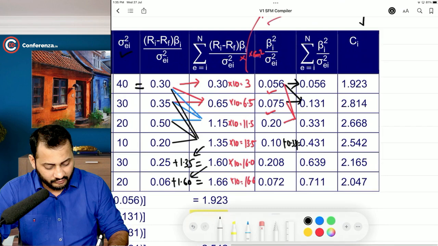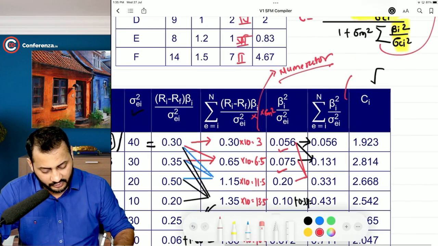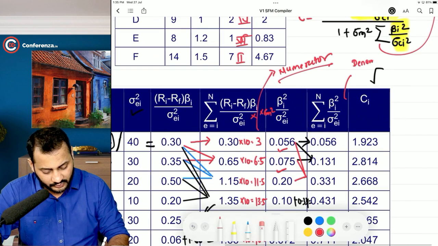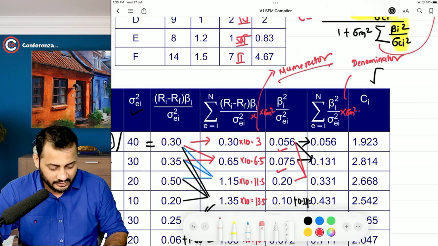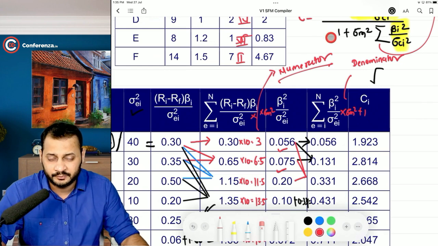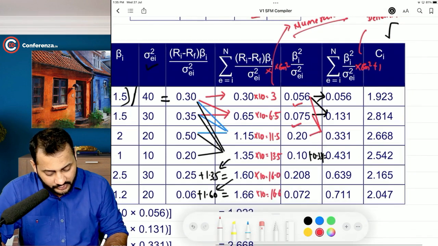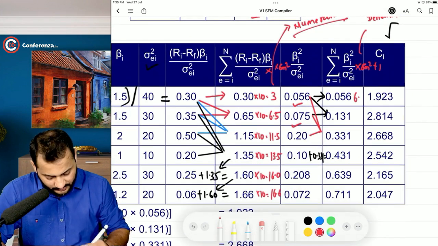Okay. Then one more column we are going to add here, just like the numerator, we are going to add a denominator column. We are going to call it a denominator. And the only thing that we are going to do is multiply it with the standard deviation of m square, 10, and add 1 to that. Because in the denominator, we have this extra figure 1. So we are going to multiply it with the 10 and add 1. What is going to happen? This will be 6.